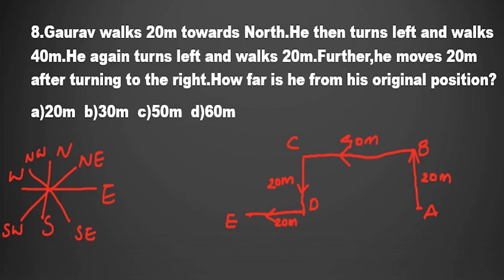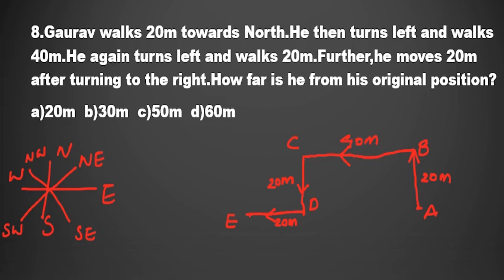Actually, Gaurav walks from A, the initial point. He walks northwards up to B 20 meter, and from B he turns left. Left of B is west direction, and he walks 40 meter up to point C, and from C he turns left and walks 20 meter.